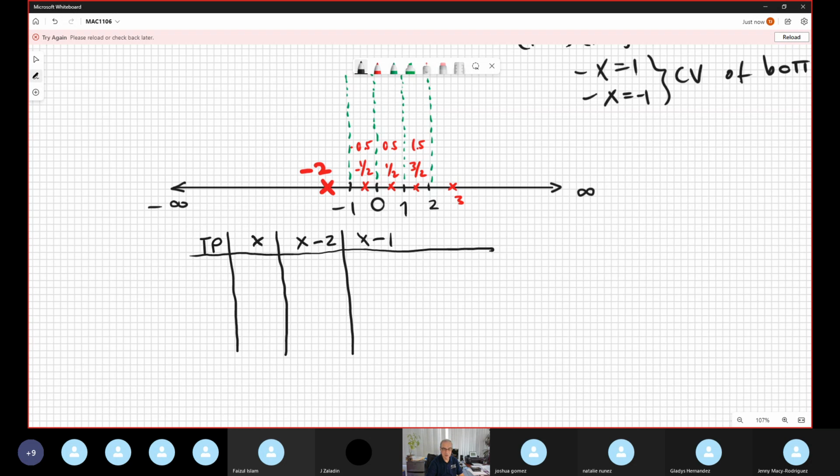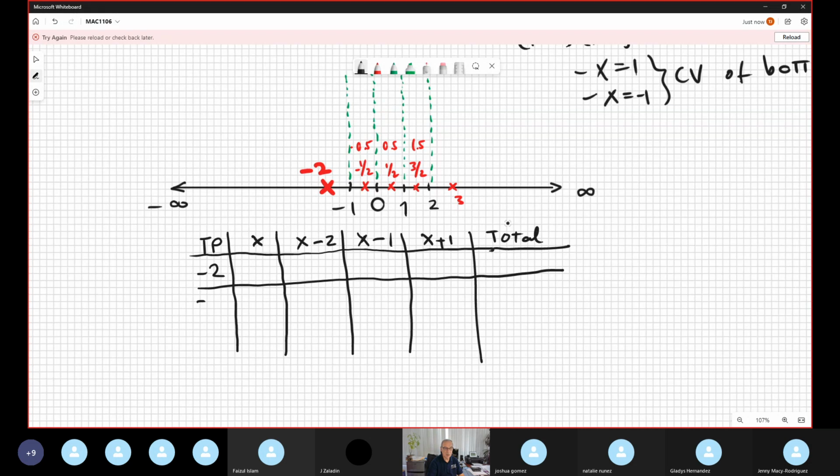The ordering is totally random. You copy each factor separately. Don't forget to attach an extra column. Okay, the test value was -2. I evaluate each factor. -1/2, I evaluate each factor. +1/2, I evaluate each factor.